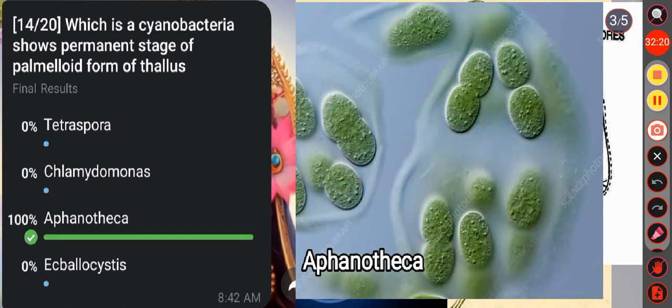Temporary stage of palmelloid form of thallus organization is present in Chlamydomonas. Okay? And in Ichthyocystus, the thallus organization is dendroid form, right? So here the correct answer is option C, that is Aphanotheca, which is a cyanobacteria, shows the permanent stage of palmelloid form of thallus organization.